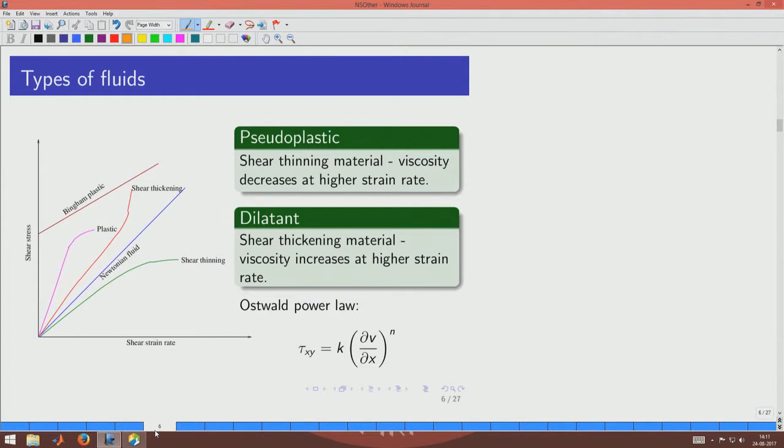Okay. So there are other kinds of behaviors also, for example pseudoplastic, which is shear thinning, as we indicate here, and dilatant materials, which are shear thickening. These materials are such that at low strain rates you may see the proportionality, but at high strain rates you would see that the shear stress required is either lower or higher than the proportionality, which means that it is going to be modeled using a power law.